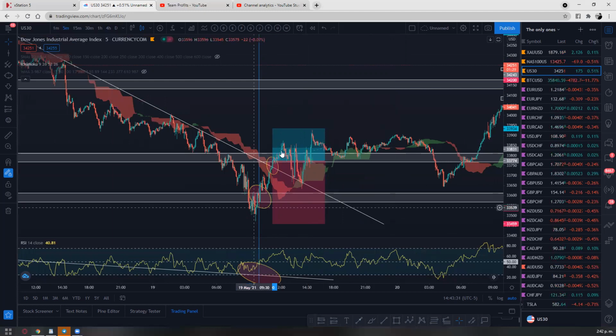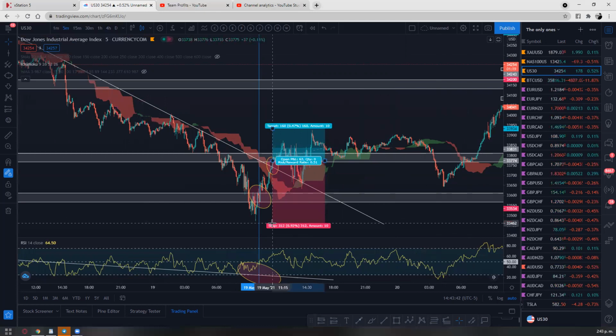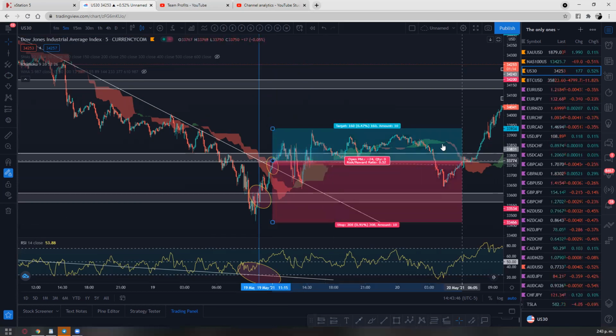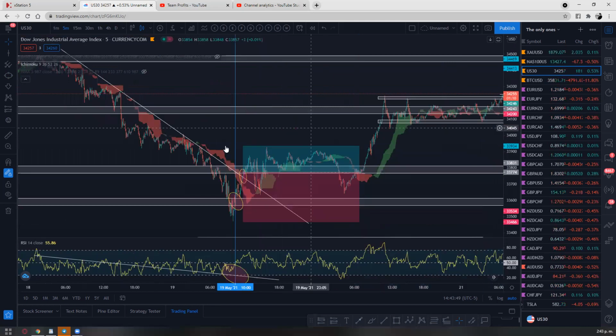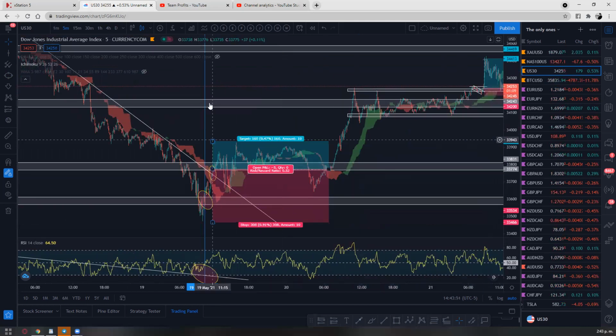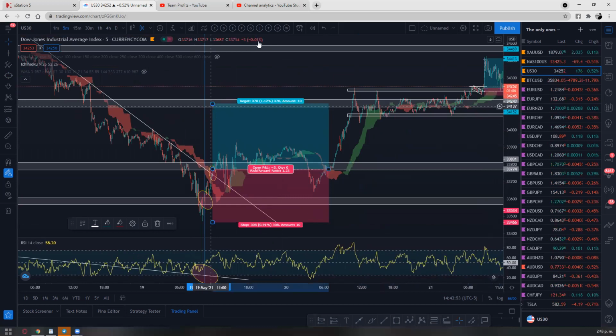The price came up and then retested, started to consolidate, went down again and then pushed up. If you had put your stop loss below the structure, you would not have lost. You would have been in a small drawdown there, but then the price came all the way back up. Then you usually aim for the structures, either this structure.